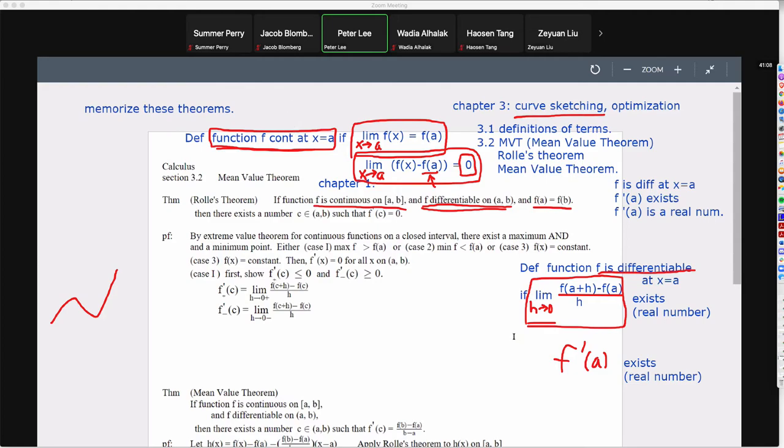That's part of the definition of this two-sided limit here. Okay? Any questions here?